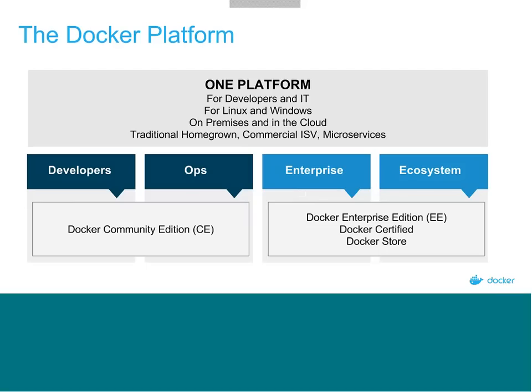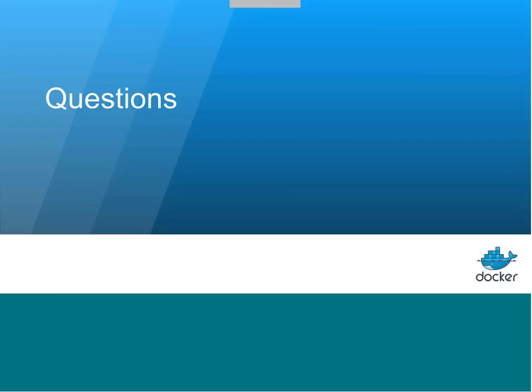And we're also building this whole ecosystem of partners that provide certified content on Docker that extends and improves Docker. So that's all I have. I'm happy to answer questions if there are any questions online.